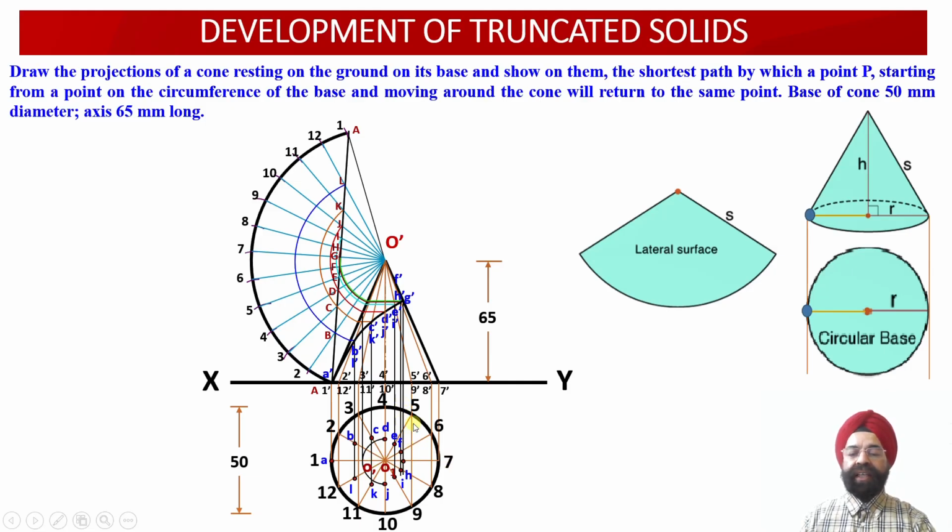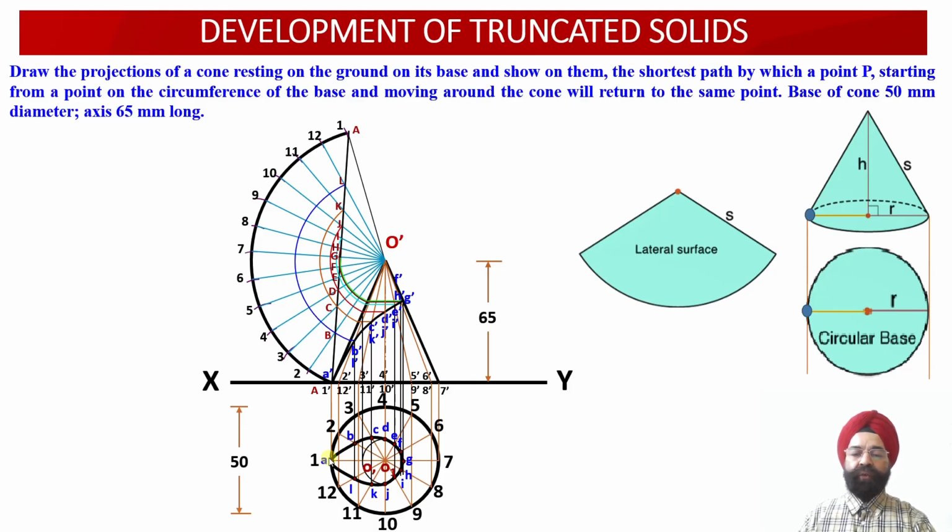So wherever this vertical projector intersects with O7, point G in the top view projections has been obtained. So now all the 12 points of intersection of this cutting plane or the string with the different slant generators of the cone have been obtained in the top view projections over here.